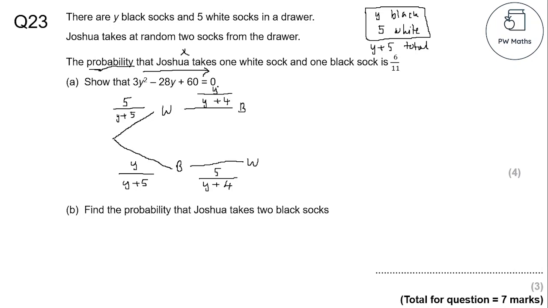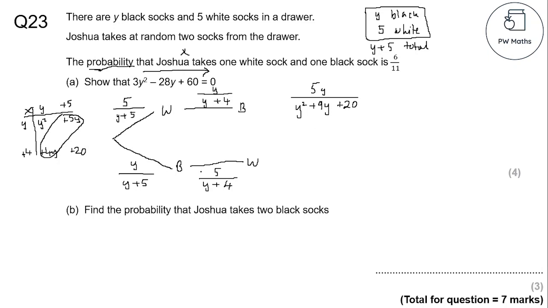So I've got to do 5 times y, 5y, over y plus 5 times y plus 4. y plus 5 times y plus 4 gives me y squared plus 5y plus 4y, and 4 times 5 is plus 20, so it's y squared plus 9y plus 20.